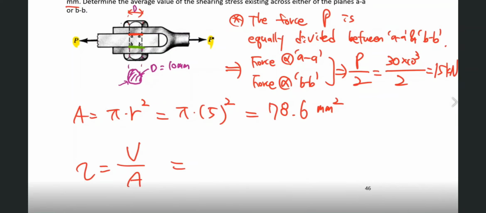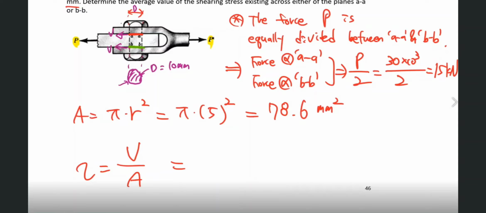Now by using the basic definition of the shear stress, we can define V over A. And in this case, V is equal to half of the tensile loading condition, right? Because the shear force load acts parallel on each sectioned area.